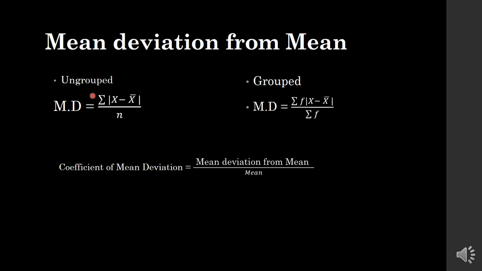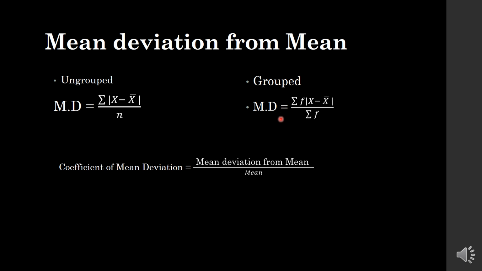Here you can see summation of absolute x minus x bar divided by n. The absolute notation means that all the negative values turn into positive values. So these are the two different formulas for the ungrouped data and for the group data too.